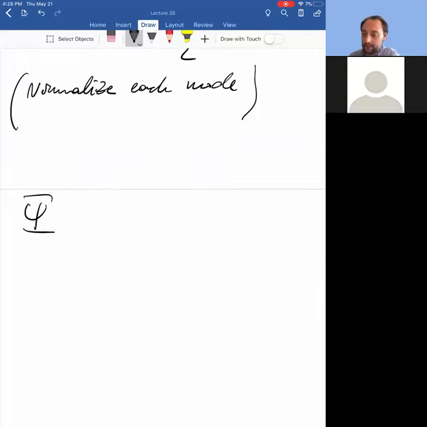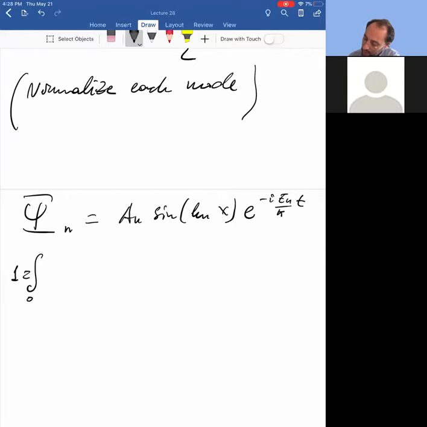Well, remember the full wave function for each mode is a sub n sine of k sub n x times e to the minus i E sub n over h bar times t. We will see what E sub n is in a moment. Normalization means the integral of psi sub n star psi sub n dx between 0 and L. Now, when we compute the complex conjugate and multiply by the wave function, these phase terms multiply to 1.